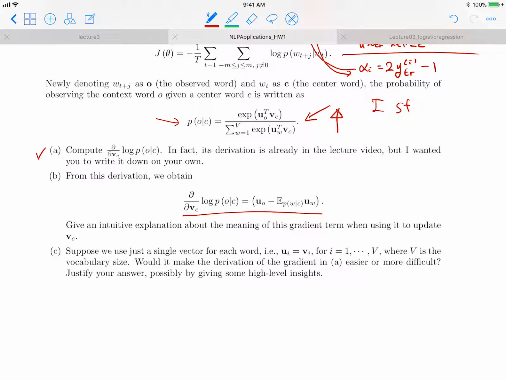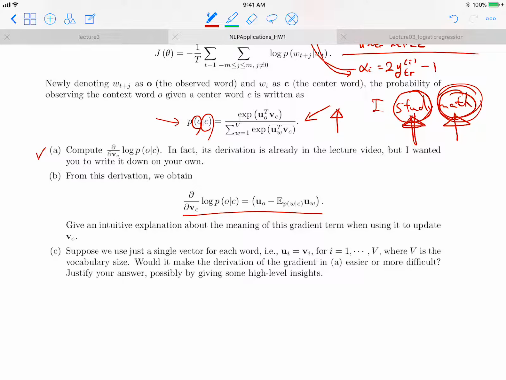Suppose I study mass, and this one is the center word and this one is a context word. We want to maximize the probability of seeing mass given the center word study. Mass is the observed word, and study corresponds to the center word, not a context word.